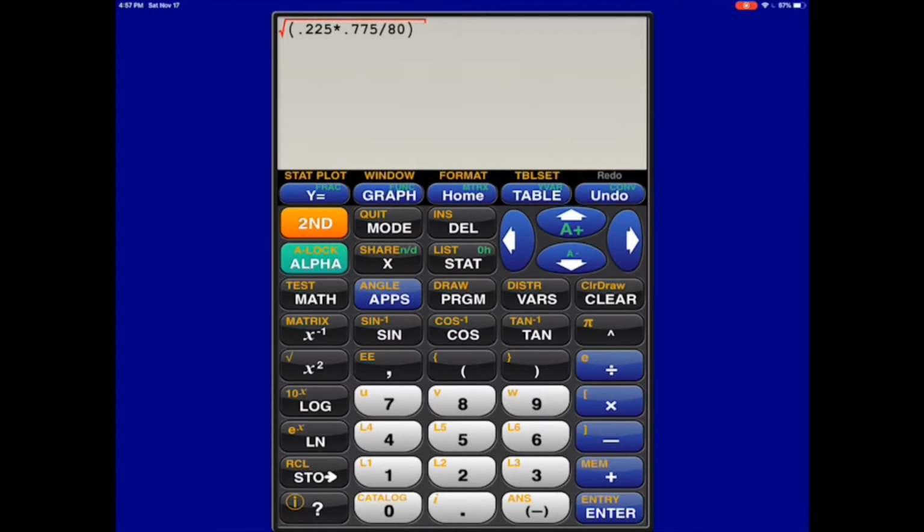Technically on this calculator, it would do it correctly on its own, but always err on the side of extra parentheses if you need to. Then we'll have plus 0.233 times 0.767 divided by 60. Oops, that didn't turn out right. Okay, and then enter, and we get approximately 0.072.